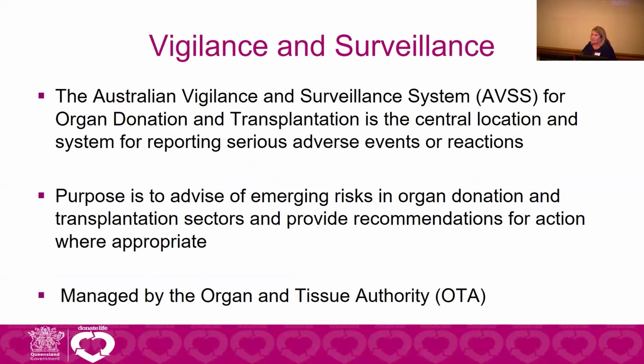The purpose is so that there's one central location looking at them with a group of physicians, surgeons, donation specialists, ID physicians, etc., who can look at all the reports that are coming in and see if there's anything that's emerging, or there are recommendations that should go back out into the donation and transplant sectors. And this is managed by the Australian Organ and Tissue Authority.